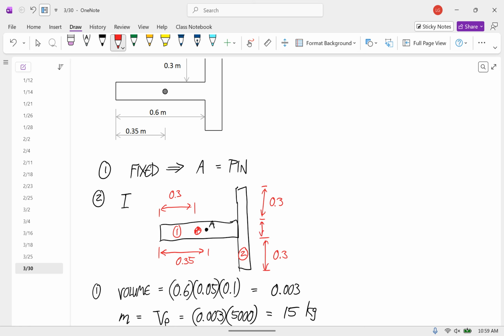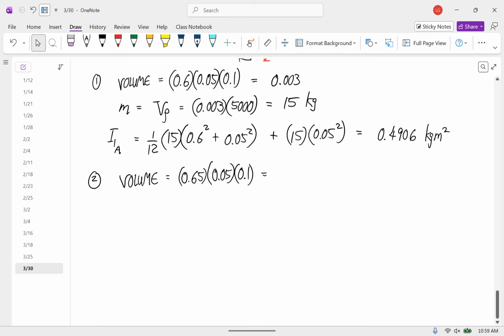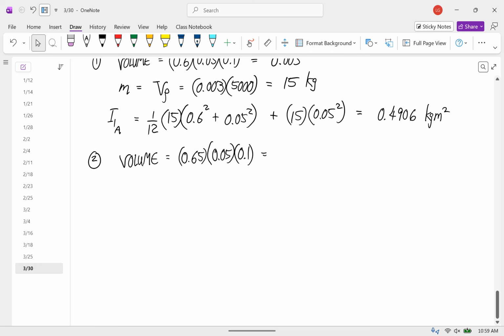And this is just the width of that other rectangle, so that's 0.05. So this is 0.00325.